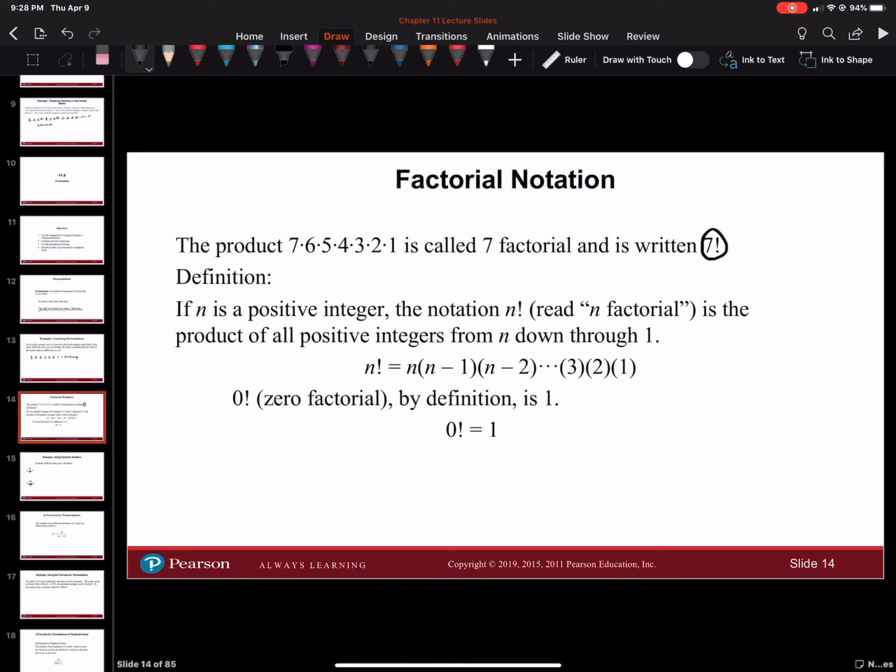Factorial says if n is a positive integer, the notation n factorial is the product of all positive integers from n down through 1. So you're basically reducing everything down to 1. And by definition, 0 factorial is 1.